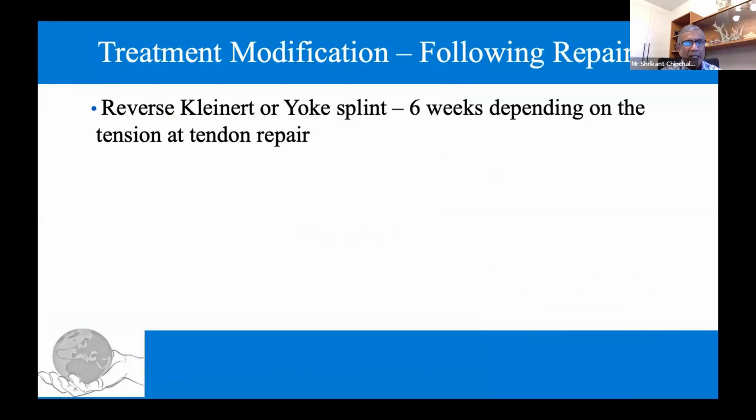So how do we manage that? You may see this type of situation arising quite frequently. In this situation, you may consider fitting these patients with a reverse Kleinert or an ICAM splint for a period of about 6 weeks, depending on the tension at the repair site.